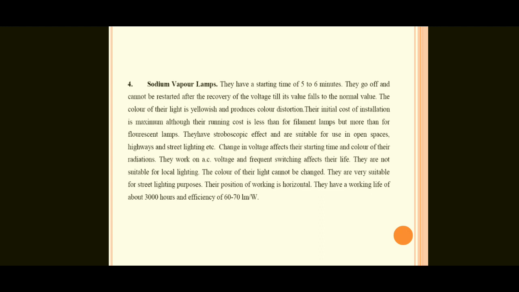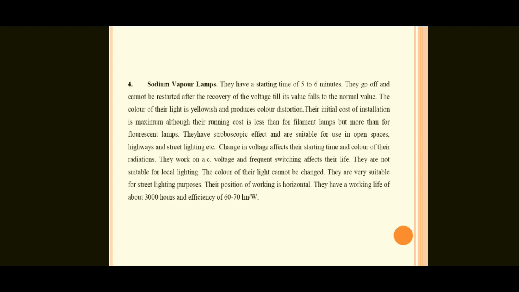There is a stroboscopic effect. Because of the stroboscopic effect, it is used in open spaces only, like highways, street lighting, etc. If the stroboscopic effect is present, it is used in open areas only.